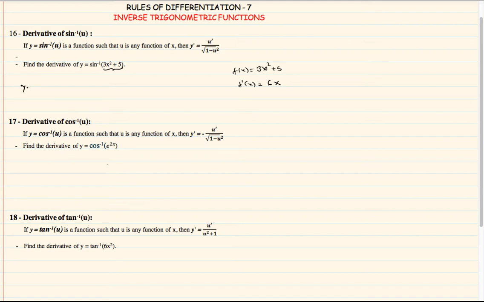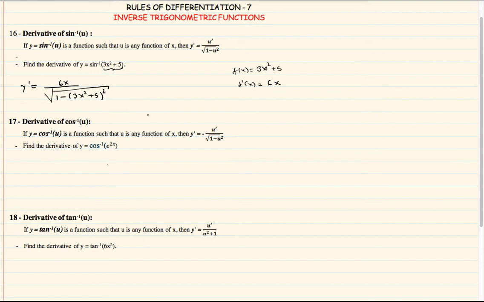So now we can write y dash is equal to the derivative of the argument 6x, as the rule says, divided by the square root of 1 minus the original argument 3x squared plus 5 all squared, and it's done.